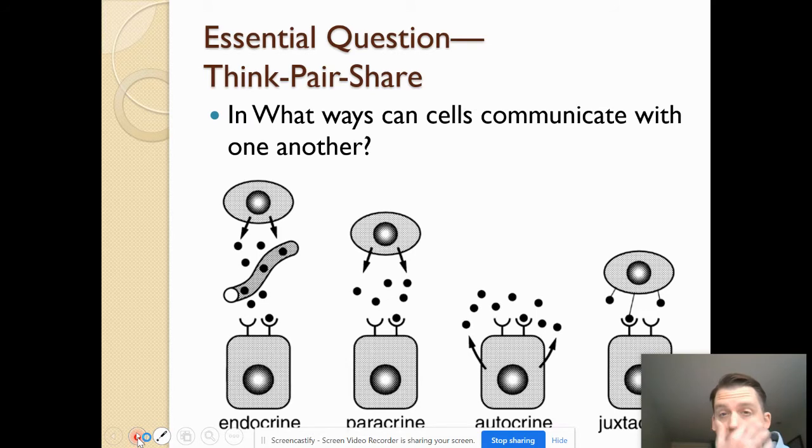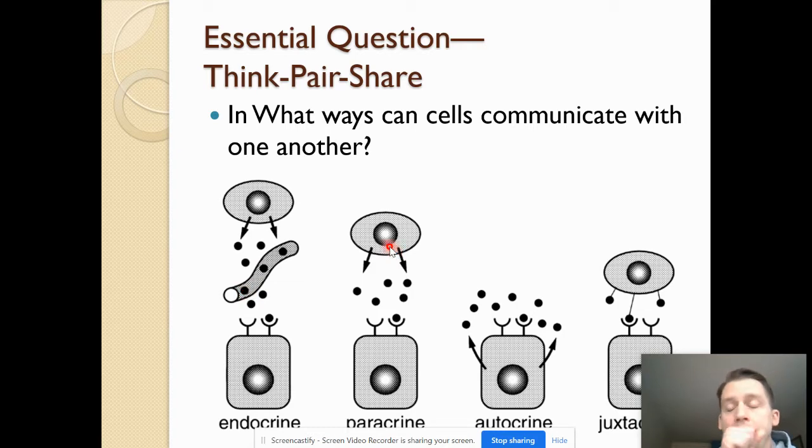All right, so in what ways can cells communicate with one another? Well, we have a preview here showing different types of cell communication. We have what's called endocrine communication, paracrine communication, autocrine communication, and juxtacrine communication. Very briefly, endocrine is long distance communication that goes through a blood vessel.